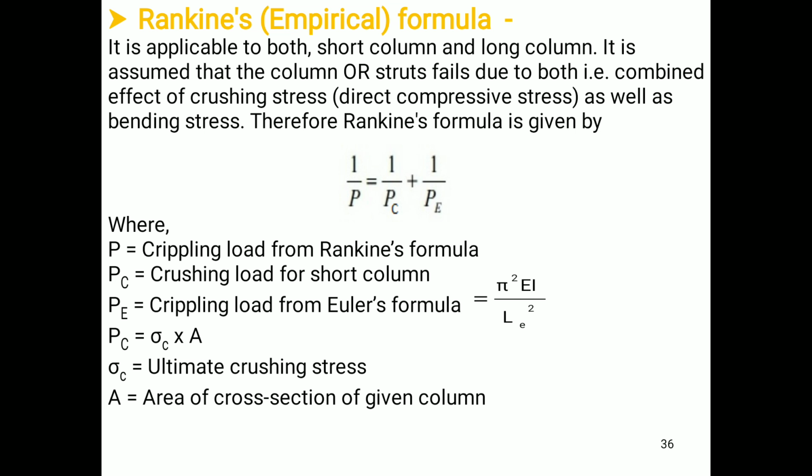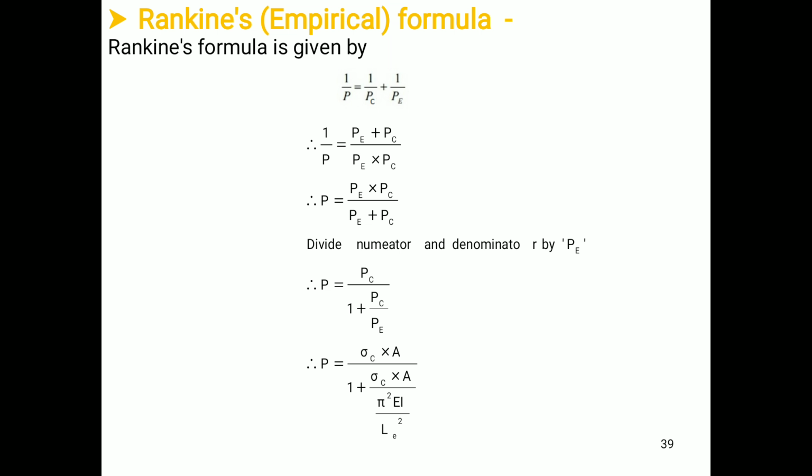So you just put the value of Pc into this equation. We have sigma c into A divided by 1 plus sigma c into A divided by the crippling load by Euler's formula, pi square EI upon L effective square.